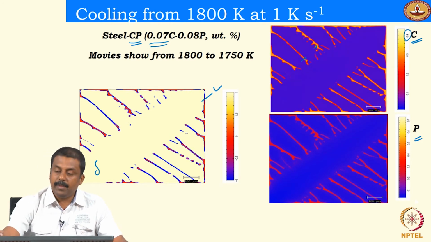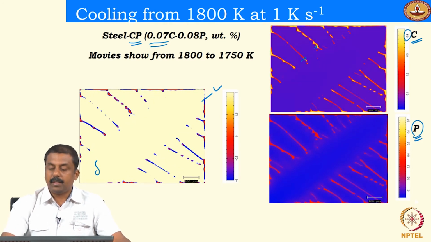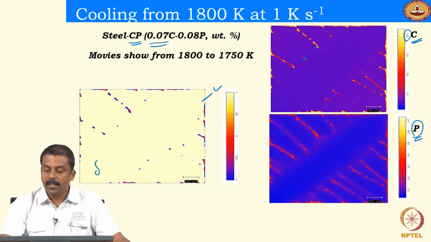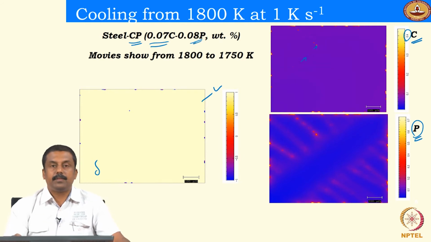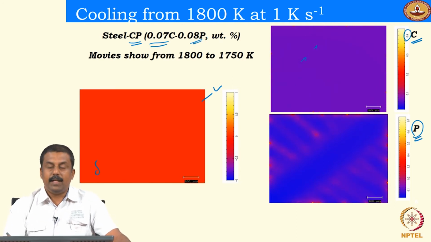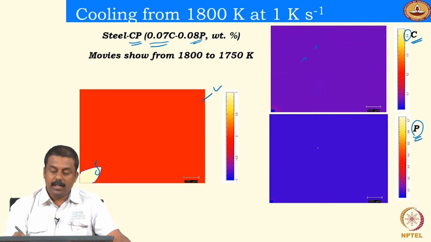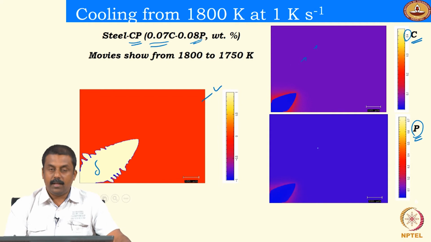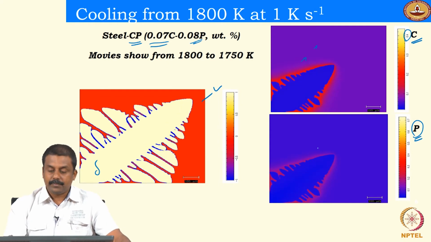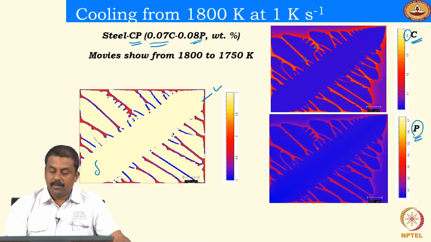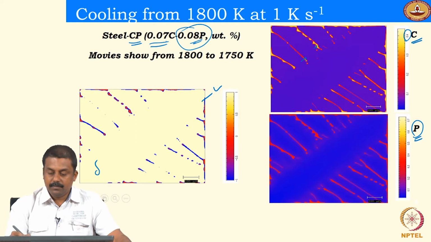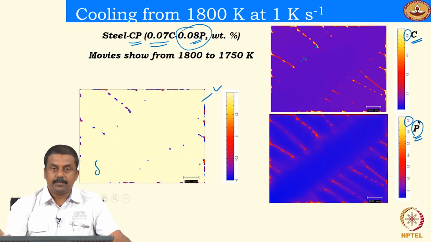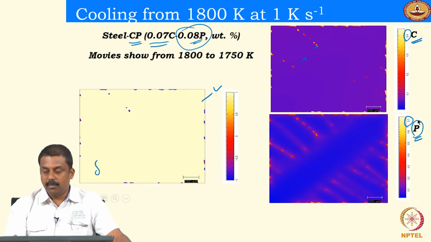The behavior can also be observed for phosphorus, because phosphorus also segregates in a similar way to carbon, and even though we have a very small amount of phosphorus, 0.08, you may still see severe phosphorus segregation at the interdendritic regions, as well as the regions which solidify at the end. For a bulk phosphorus concentration in the liquid of 0.08, you may end up with enrichment at the dendritic boundaries close to the level of 0.7.